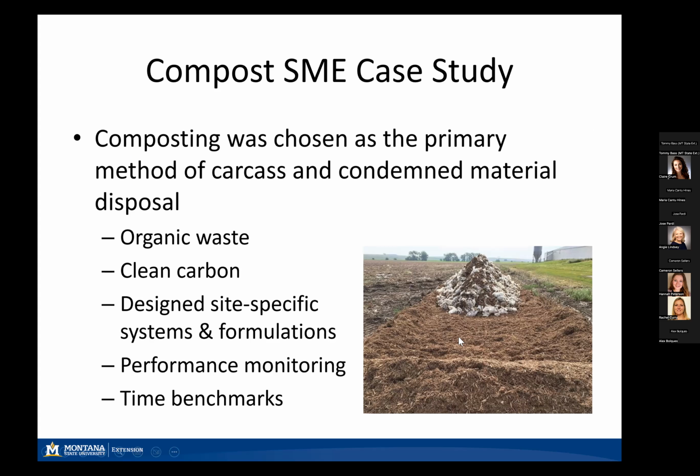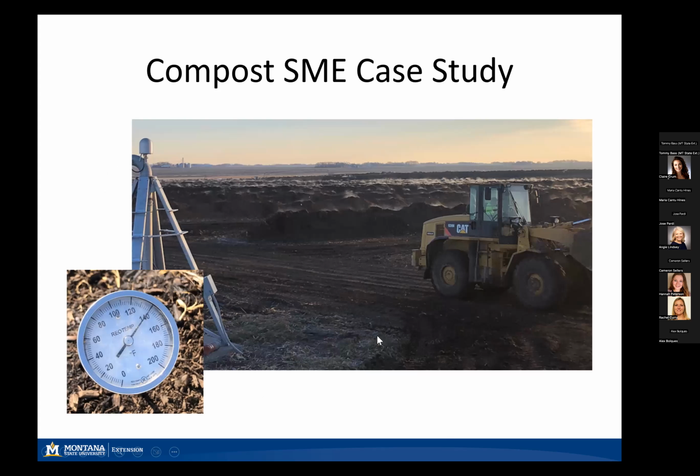And if we look at this image here, this is the start of a pile, a clean carbon base, a mix of birds and litter, maybe some condemned feed. And then this will be capped with clean carbon cap. And then we end up with something that looks like this. And this is several acres, about 12 miles of compost windrows.